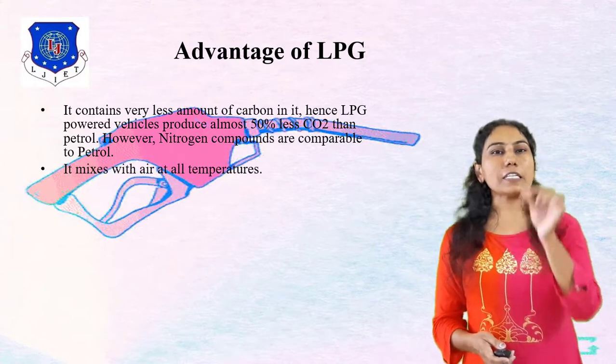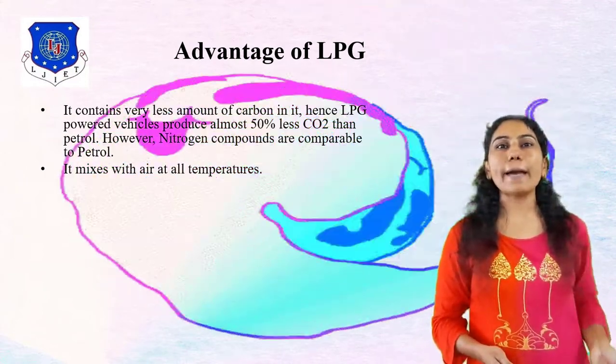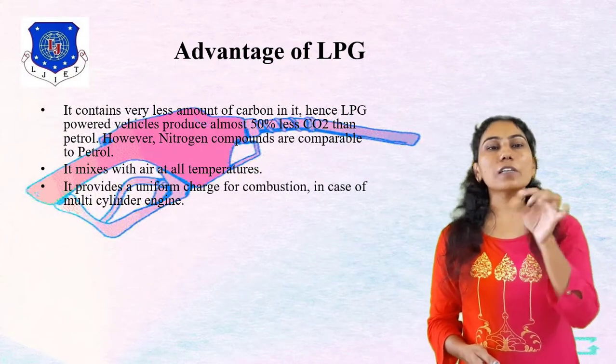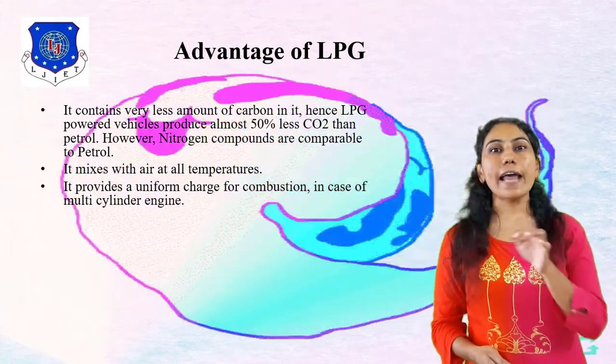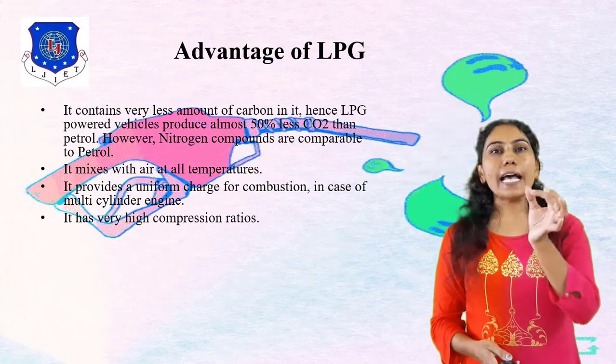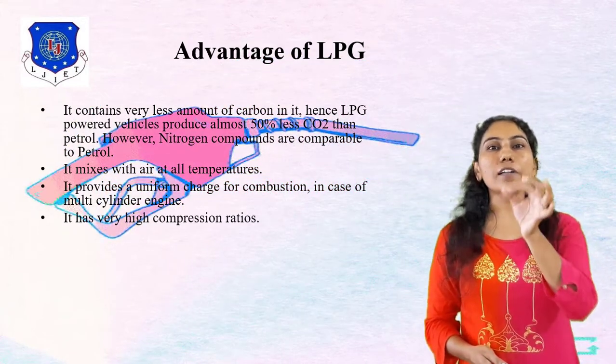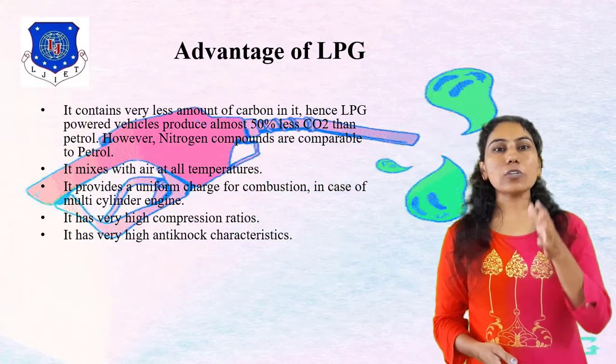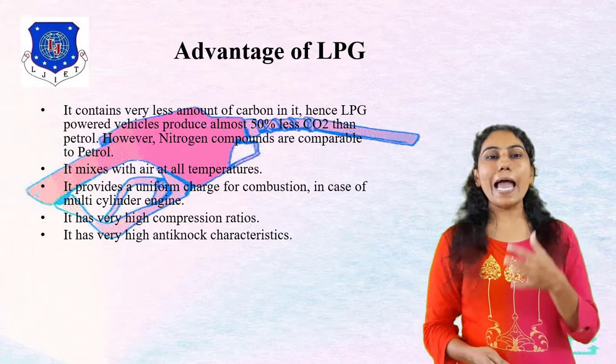Second, it mixes with air at all temperatures. Third, it provides a uniform charge for combustion in a multi-cylinder engine, and it allows a very high compression ratio. Fourth, it has very high anti-knock characteristics.